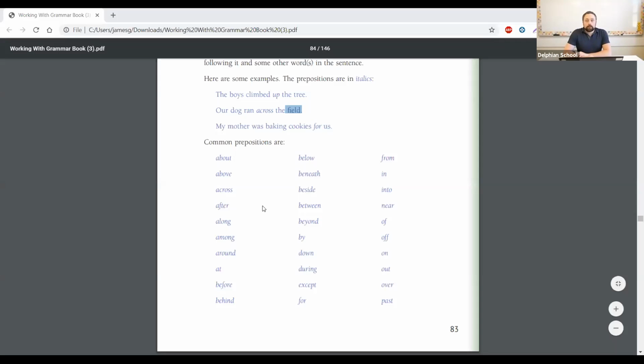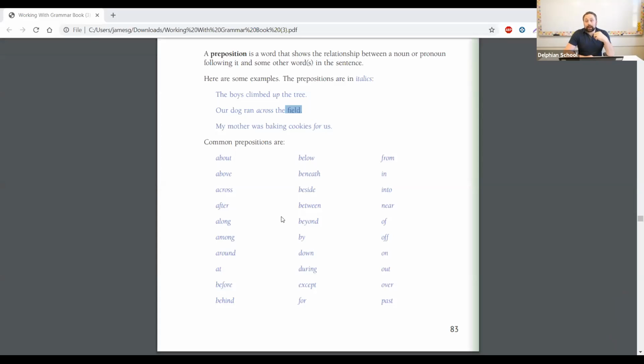So with prepositions, we have to get good at spotting what kind of thing they do, or how they help us in a sentence. We can get used to seeing what a preposition is because we probably won't be able to memorize the list of all the prepositions. For example, these are just some common prepositions.